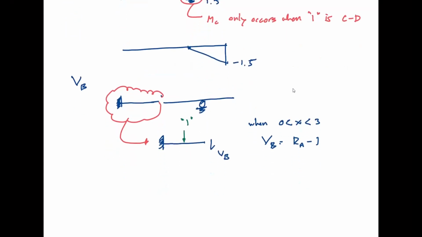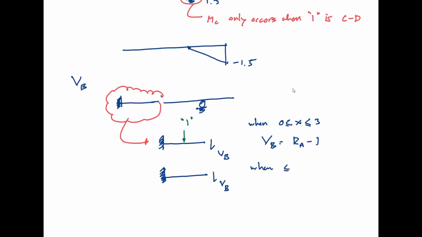And the next, when the unit load moves away from this, your free body diagram is simply without the unit load, which makes your life very easy now. This is when your, let's say this, okay?